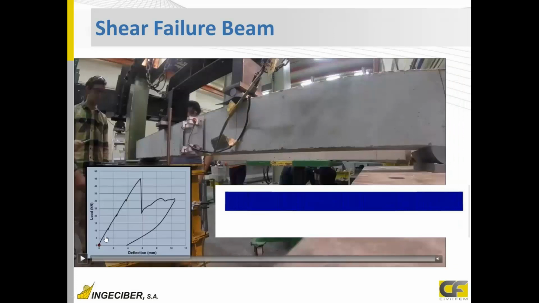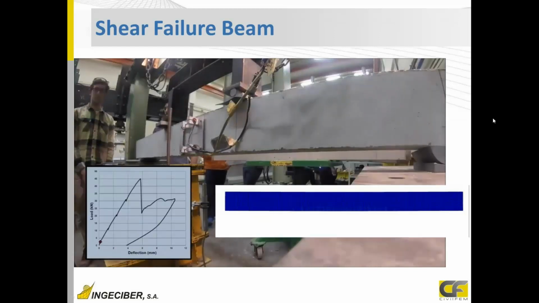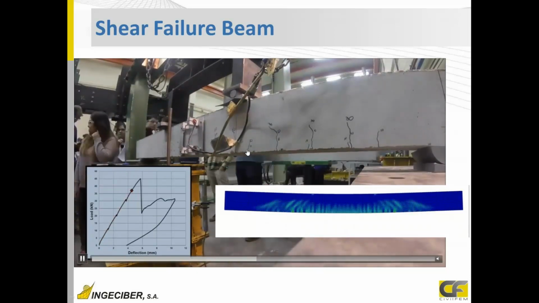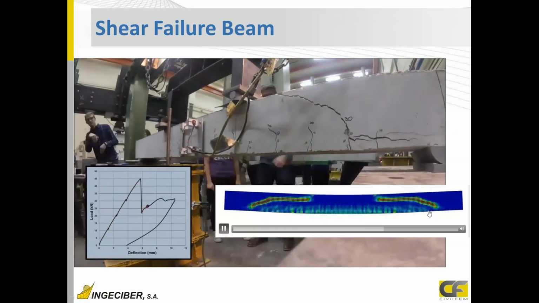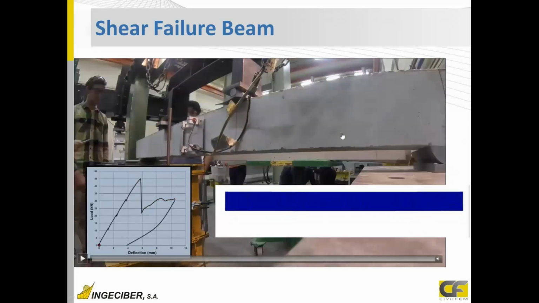And here we can see the real test with the load versus deflection, and just now pay attention to the shear cracks that are being developed. So just in the videos, we can see we start with some bending cracks at the same time, then shear cracks are developed and collapse happens in the two videos.